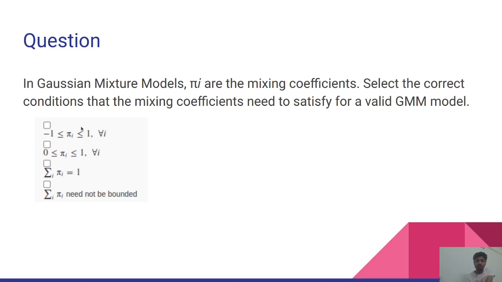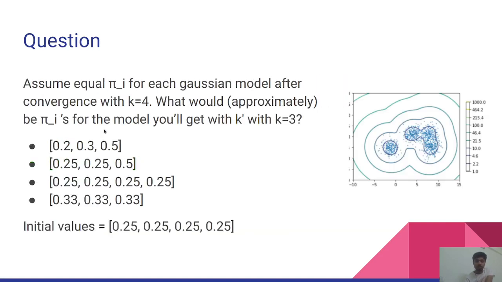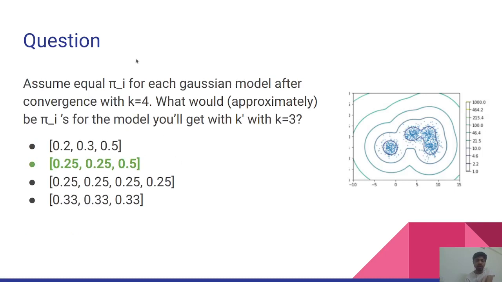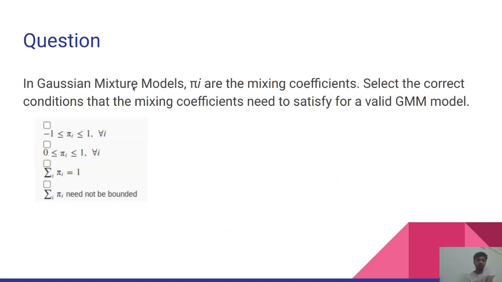And also, like in the previous question I was telling, right, the summation of all pi i equal to 1. Suppose k equal to 4, then if we sum all of them, pi 1, pi 2, pi 3, pi 4, they will be equal to 1. So both B and C are the correct options, not only B.